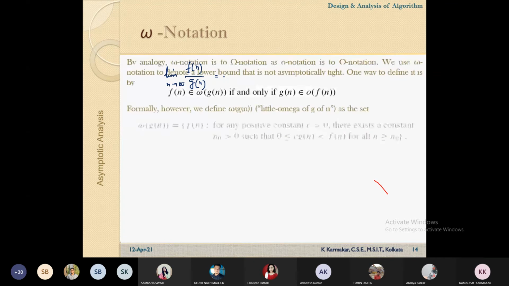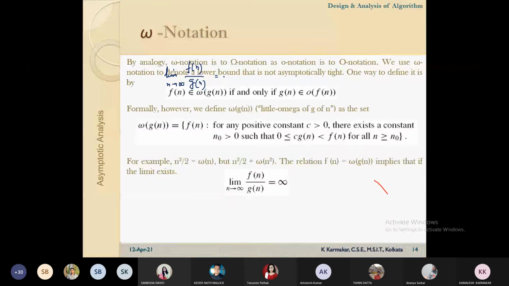Okay. Similarly, for small omega, in the same way, if f(n) is given and we are going to calculate the g(n) function and calculate the limit as n tends to infinity, instead of this value becoming 0, now it will be infinity.